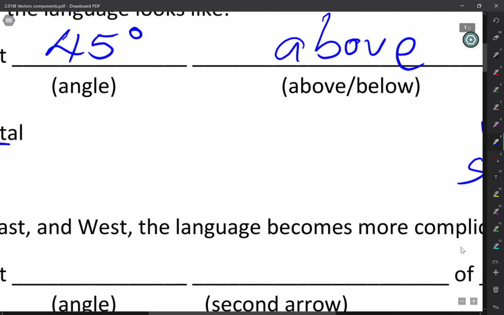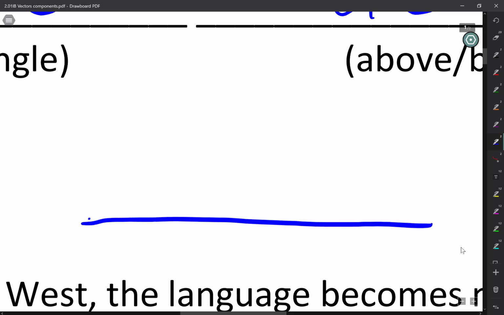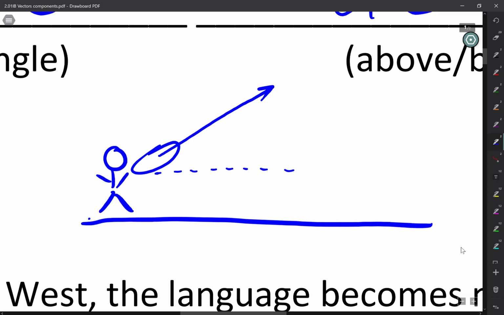So what that looks like is, imagine this is the ground. And imagine you have a person, and this person is going to throw a football at some particular angle. Let's say this is the 45 degrees referred to in the example.